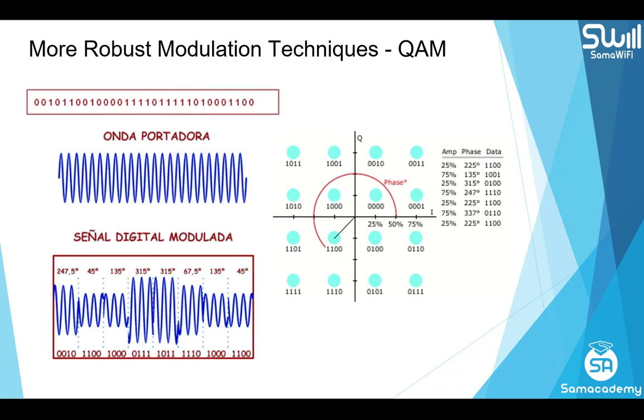There are more complex and robust modulations to achieve better data rates. This example illustrates 4 bits modulation. It means 16 QAM. So you can see the error vector magnitude is less than the other previous ones.